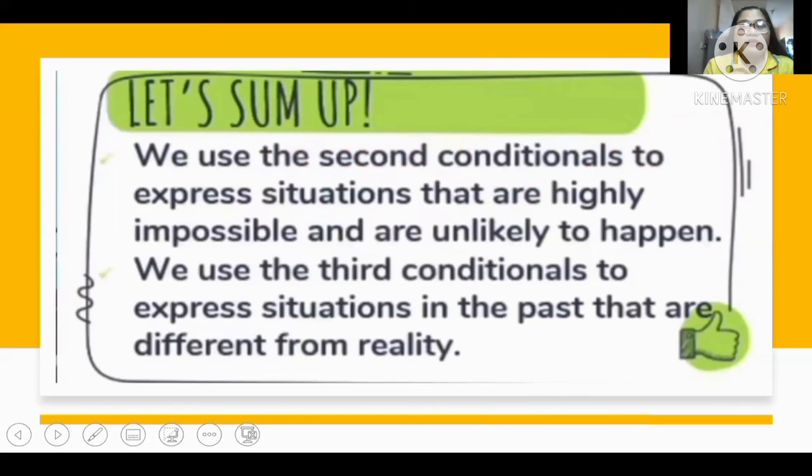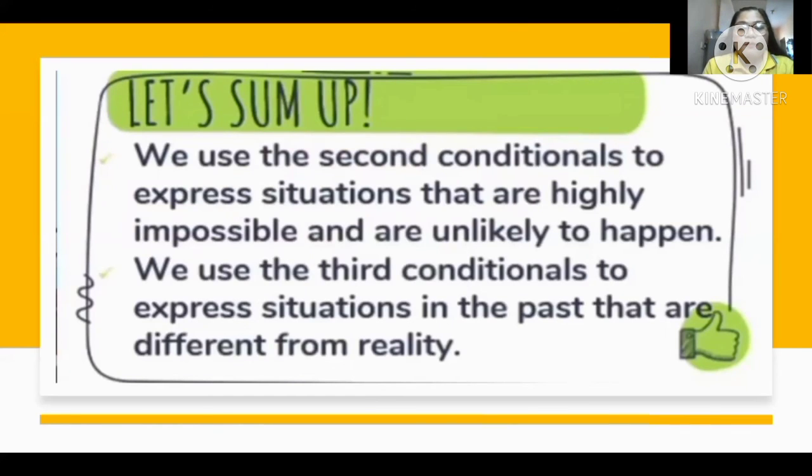We use the second conditionals to express situations that are highly impossible and unlikely to happen. We use the third conditionals to express situations in the past that are different from reality.